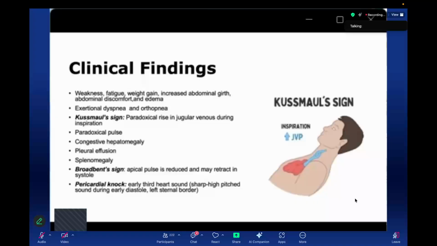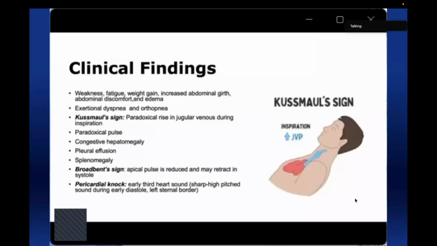You also have paradoxical pulse, congestive hepatomegaly, presence of effusion, splenomegaly. You have the Broadbent sign, where there is an apical pulse reduction and it may retract in systole, or your pericardial knock, an early third heart sound. You have a sharp, high-pitched sound during early diastole at your left sternal border.